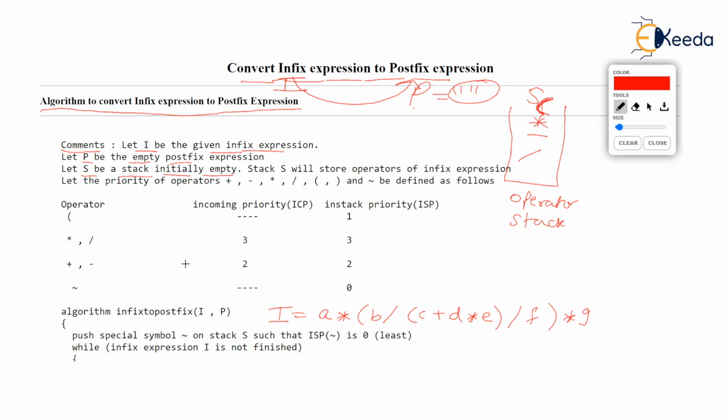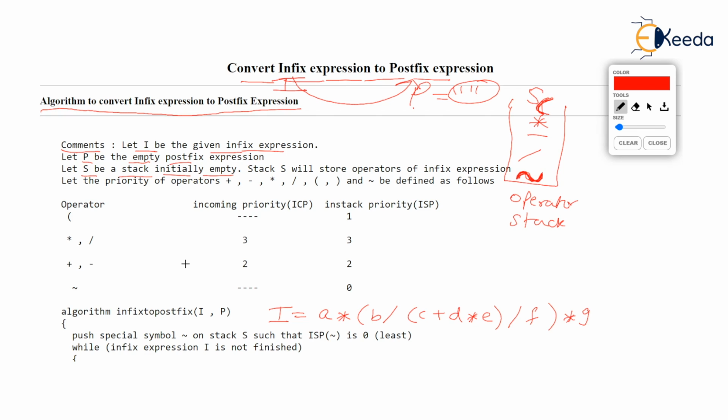Now this stack S will store all the operators, you know that, but it will also store one special symbol. Look at this symbol. We will store some symbol like tilde. Now this tilde is such a symbol which never appears in the infix expression. Check my words. We know multiply, slash, minus, plus, brackets can appear in the infix expression.